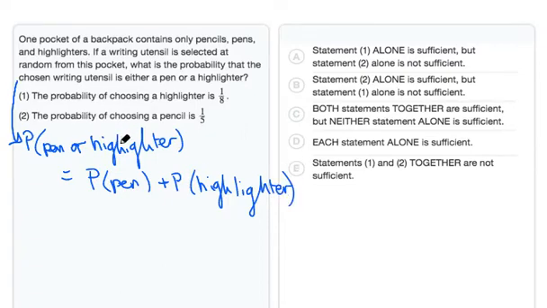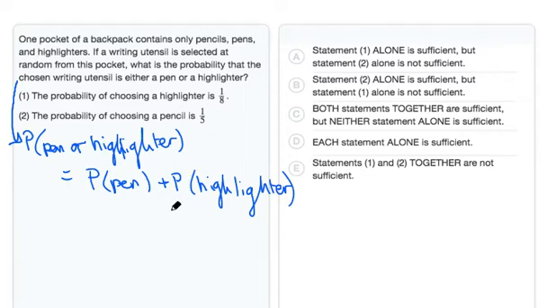I think it's spelled highlighter. There's an L in there. So we can actually separate these individual probabilities. We don't have to subtract the probability where they're both, because a writing utensil can't be both a pen and a highlighter at the same time. They're mutually exclusive.